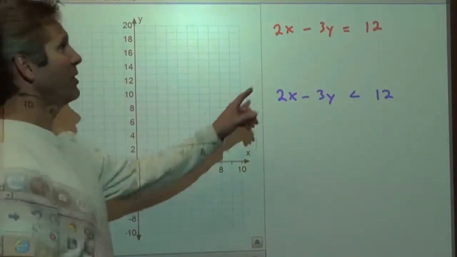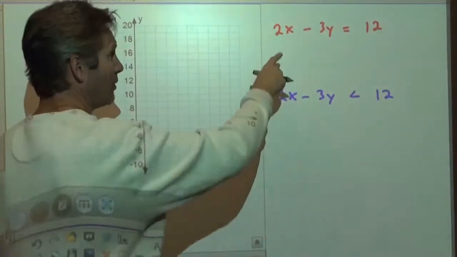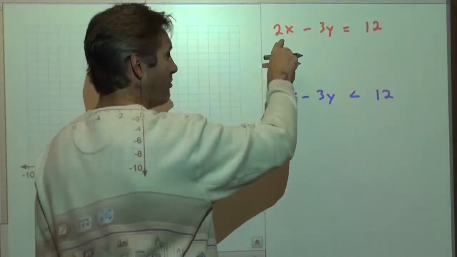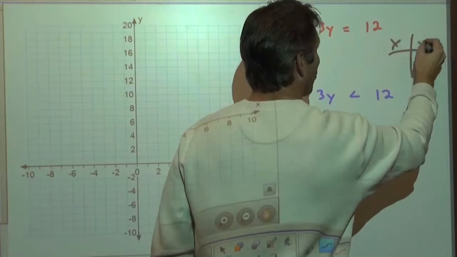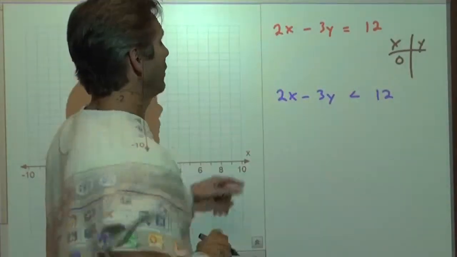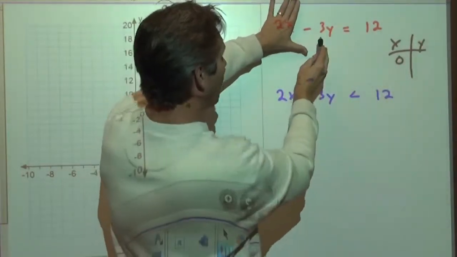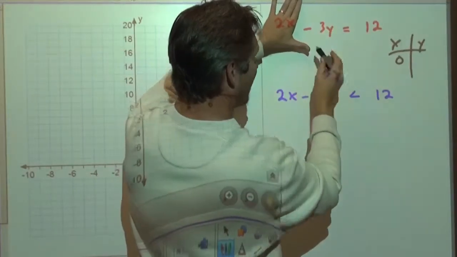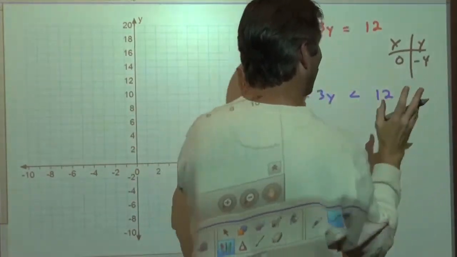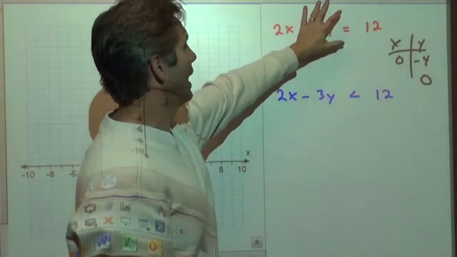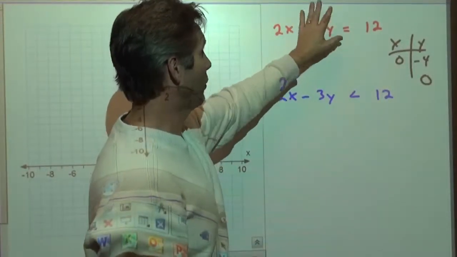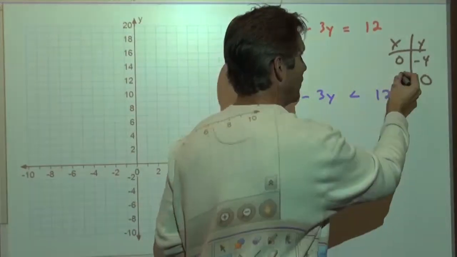So we've got the same thing going on here. If this is an equation, remember the two easiest points to find to make this equation true are to put a 0 in for x and see what y is. 2 times 0 is 0, so y would have to be -4 in order to make this true. So when x is 0, y is -4. And when y is 0, -3 times 0 is 0, and 2x is 12, so x would have to be 6.